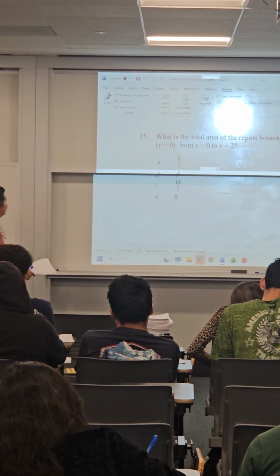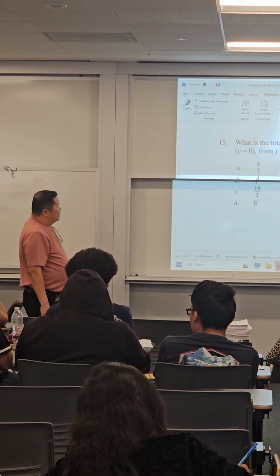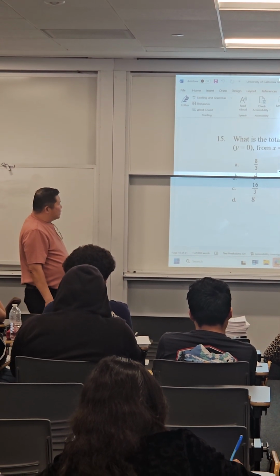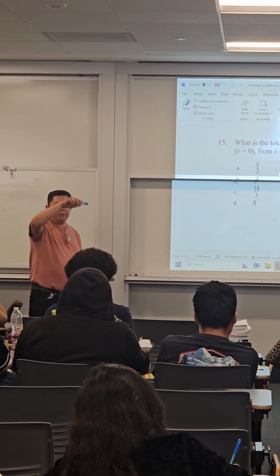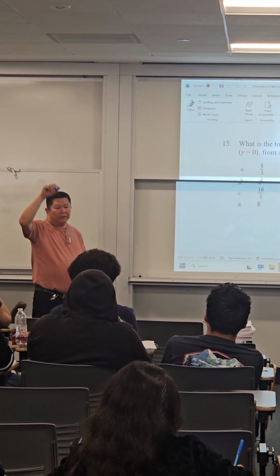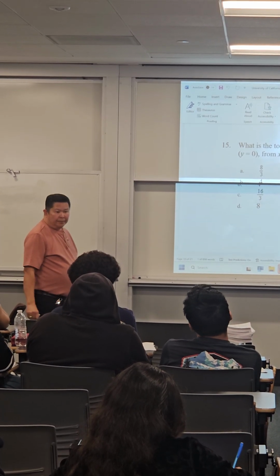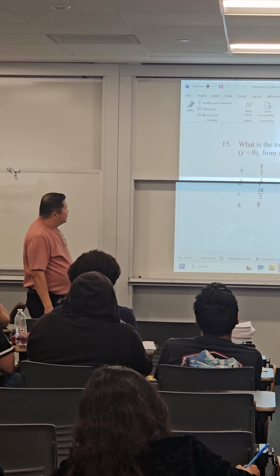The next problem is, what is the total area of the region f of x, where f of x is equal to 4 minus x squared? Still a parabola, whose concavity is down, but shifted 4 units up. Okay? And the x-axis.